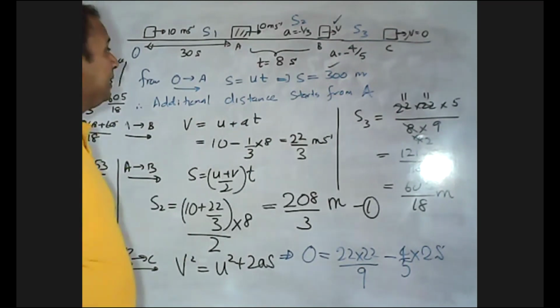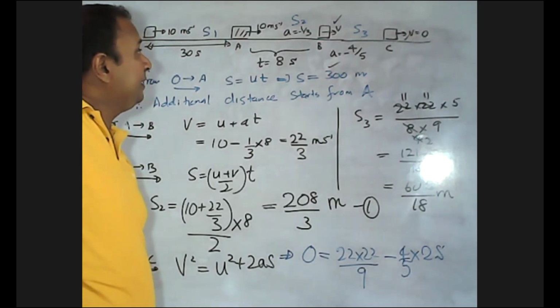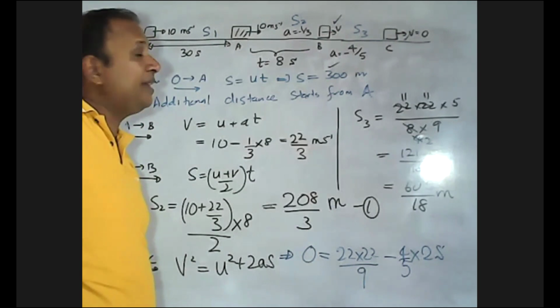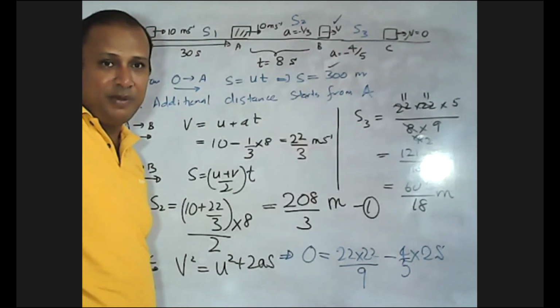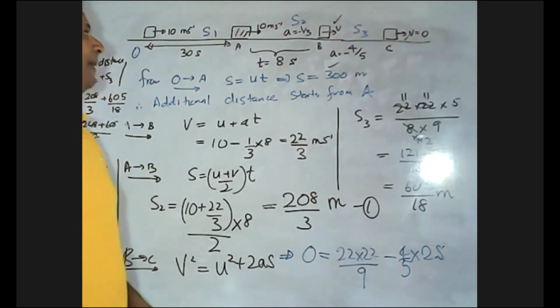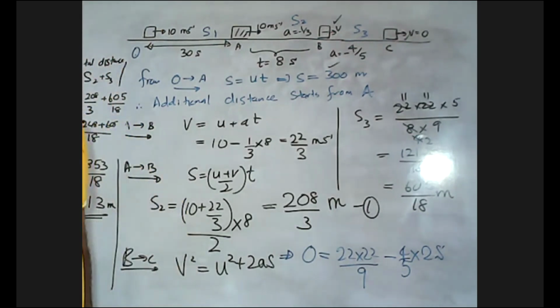So that means I can find S2 using that part. Then again the same equation is used to find S3. Then S3 plus S2 means the total distance. Okay. I think you can understand that.